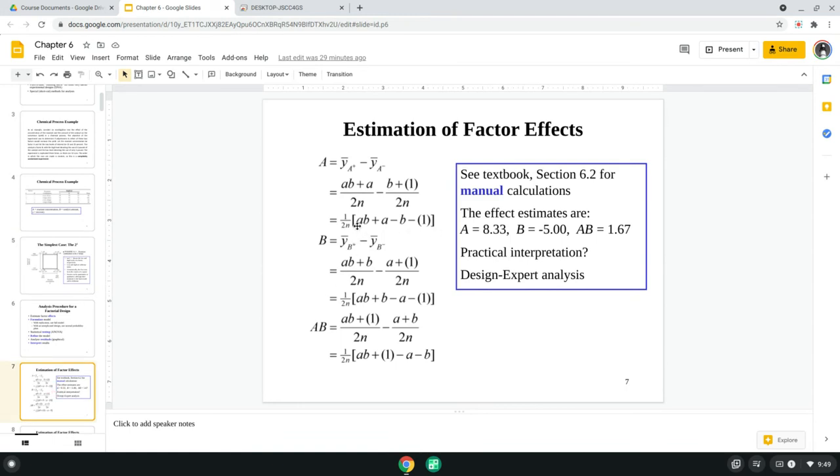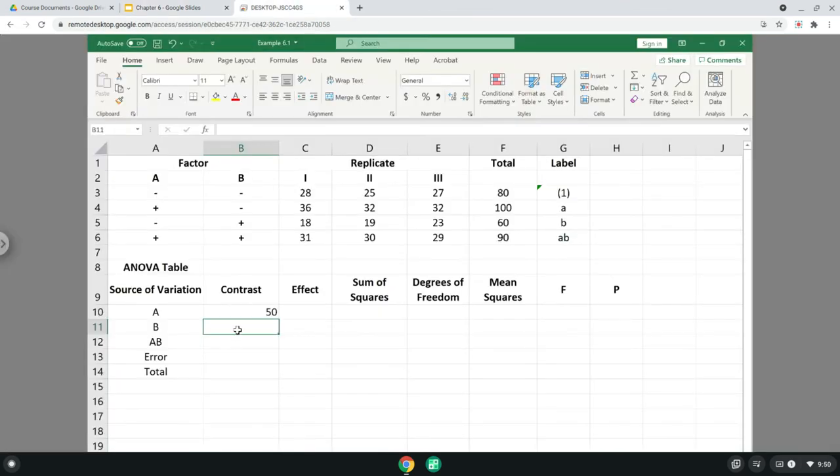So we got the contrast, and then we are going to divide by 2n to get the effect. But before that, let's calculate the contrast for factor b and ab. So factor b is high b minus low b, just like that. So equal, let's add high b values.